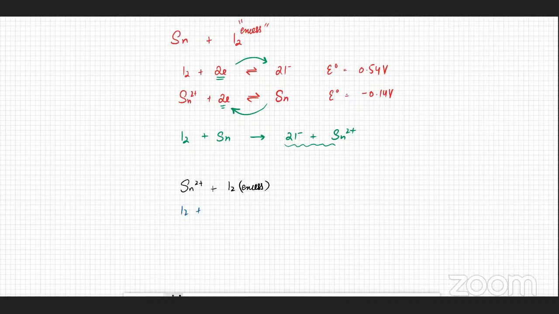So it's iodine plus 2 electrons in equilibrium and forming 2I minus 1, and the value is 0.54 volts.